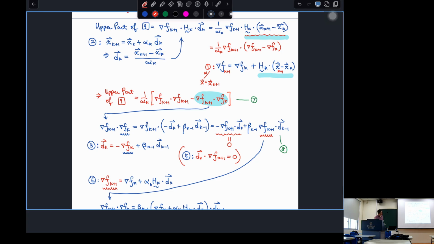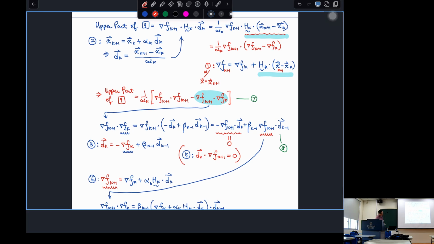In the upper part, we rewrote it with the information of equation 2, and this being rewritten as this because of equation number 1, and also equation 3, and by the definition of equation 5, some part equals 0, so this is a remainder.